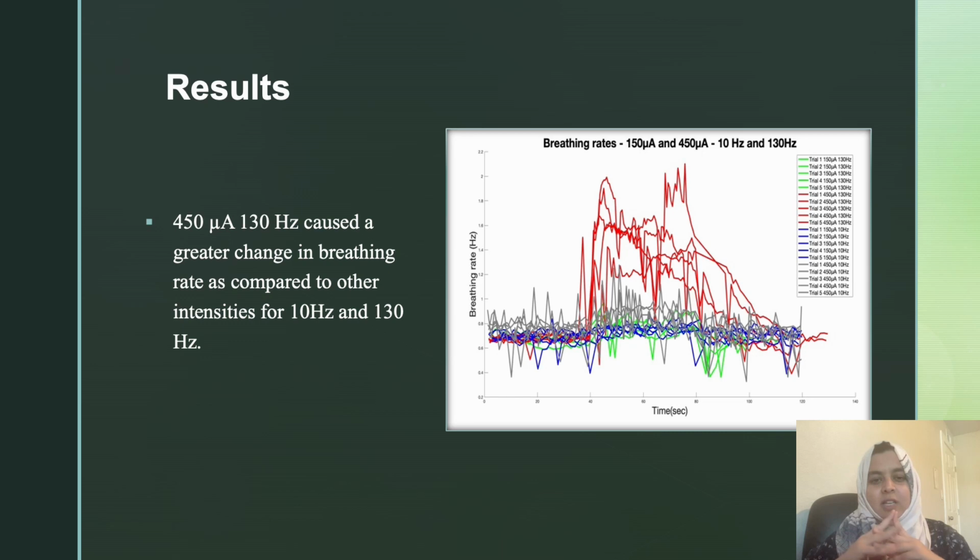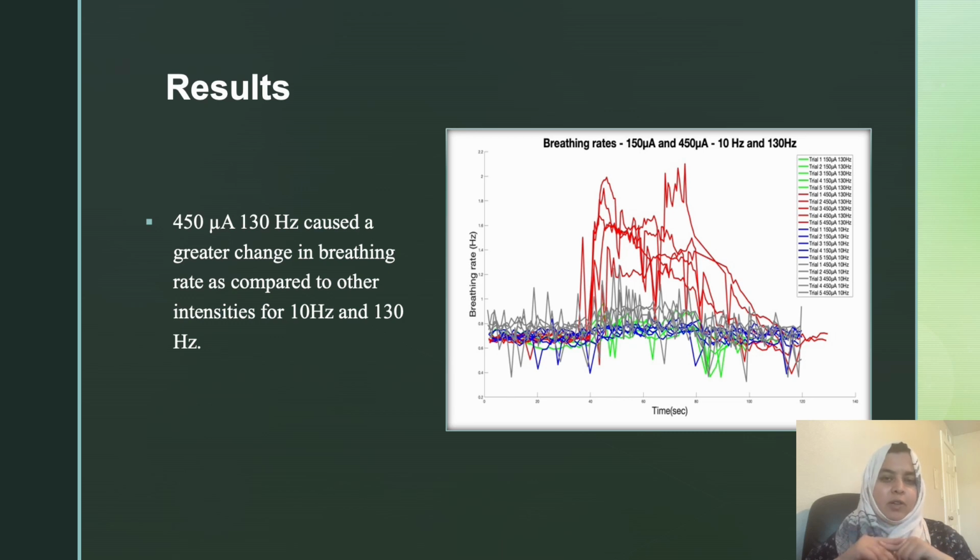So interestingly, if you look at this graph, you may see that except for the red peaks, which refer to the highest intensity, 150 microampere, and the highest frequency, 130 hertz, in the rest of the trials and the rest of the intensities and frequencies, we do not see any significant change in breathing rate, especially during stimulation.